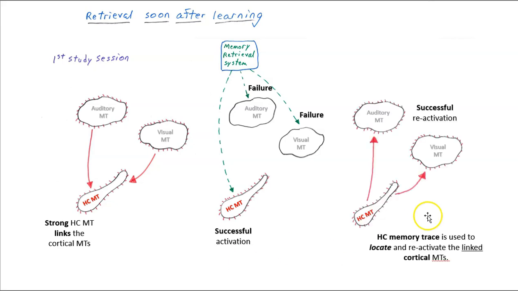So now the idea is the reactivation of the hippocampal memory trace can then activate the associated cortical memory traces, and that becomes a successful reactivation.